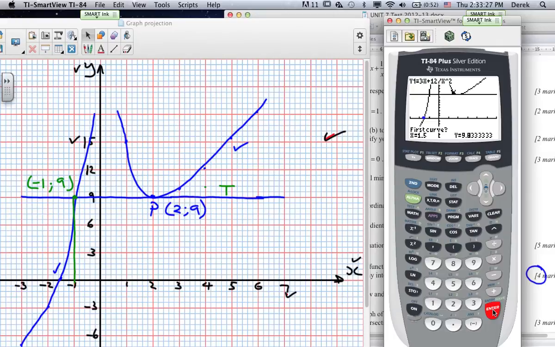That is our first curve. Enter. And the second curve is that. We guess, and we get the point (-1, 9). So there we have our intersection point, given as x = -1, y = 9, which is that point over there.